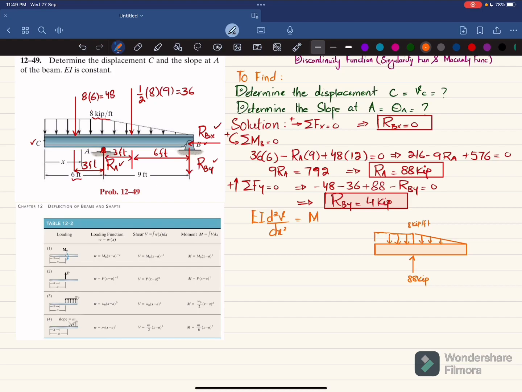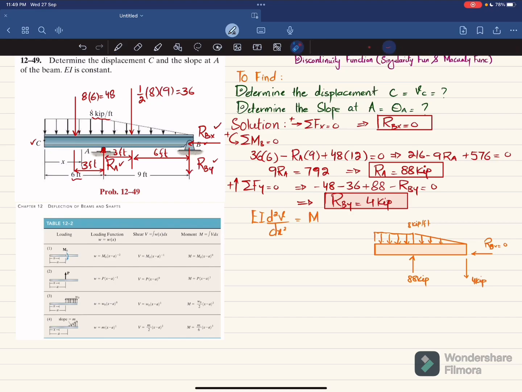And there is RBY, which is downward, and this RBY is 4 kips, and there is no RAX, which is 0, and no RBX.